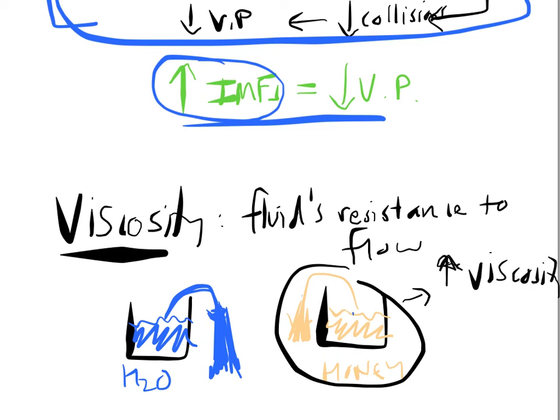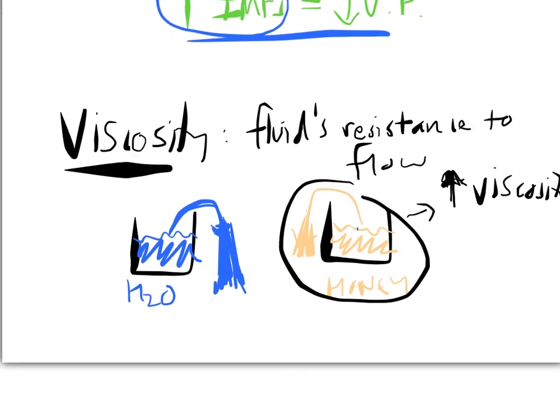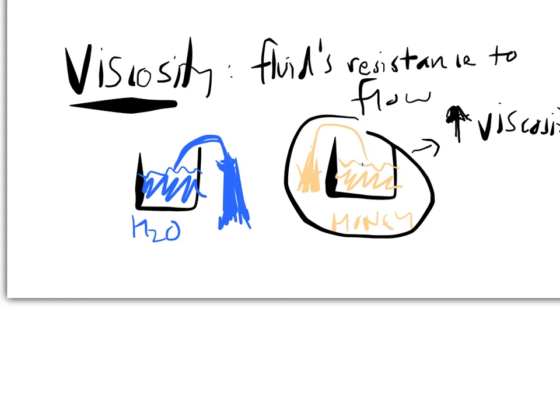Now we have to connect that to IMFs. Well, the idea is pretty simple. Substances will flow slower if molecules within that substance are attracted to each other more. So if you increase intermolecular forces in a substance, again, you're going to increase attraction between molecules.